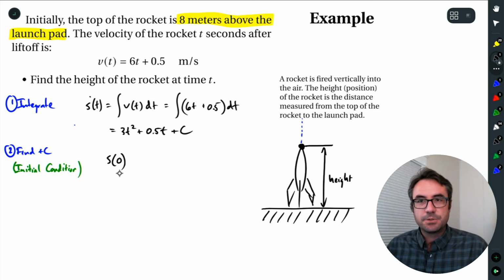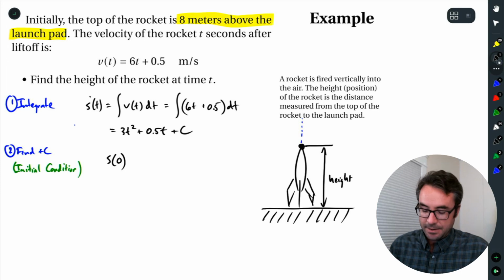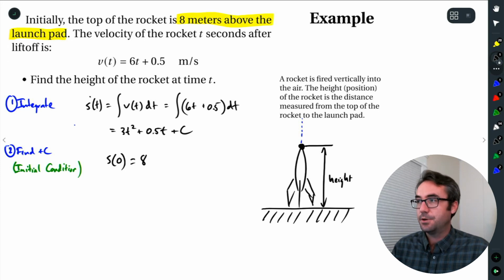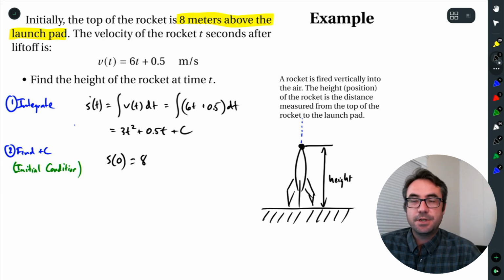So 0 is when this rocket is launched. And so S of 0 is going to be, well, what is the starting height of our rocket? And this is 8 meters. So our initial condition here is S of 0 is equal to 8.